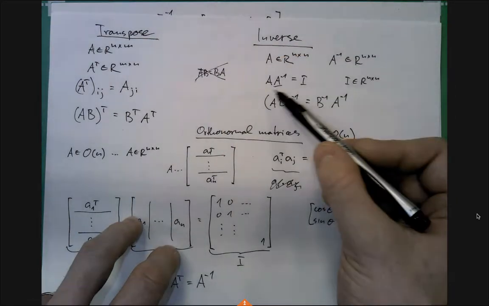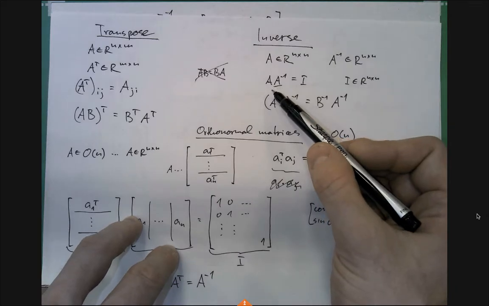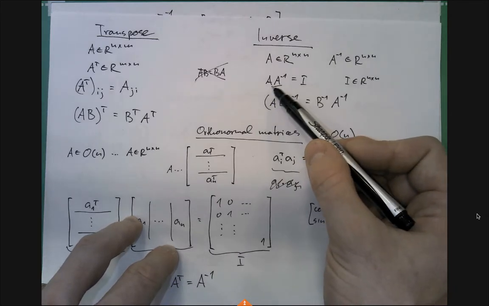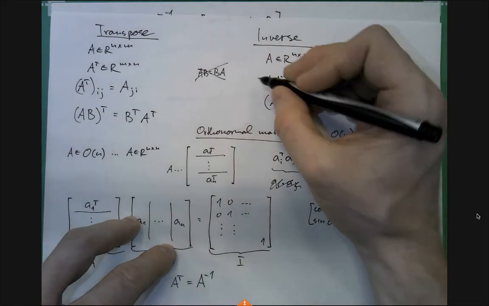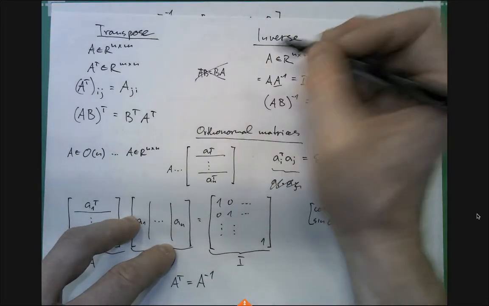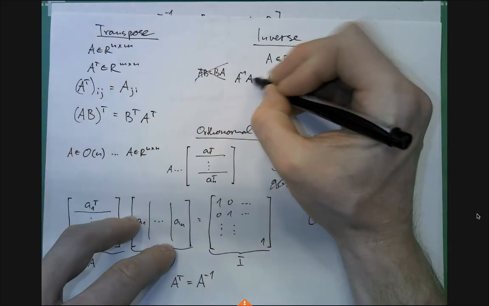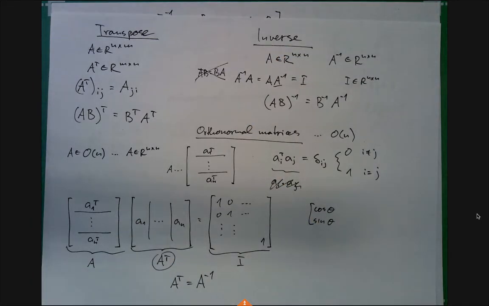But it turns out that in the case of the matrix inverse, if the two matrices multiply to identity, in this case it actually is the case. So A inverse A is the same as A A inverse. And we will get this just from group theory. That's something more general than matrices that applies to more objects than just matrices. Actually, invertible matrices are a special example of a group.